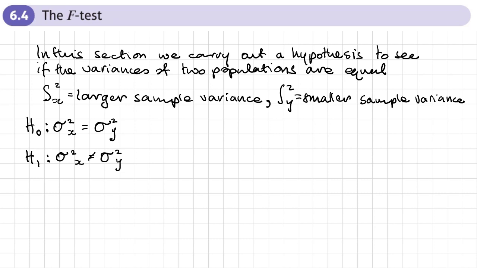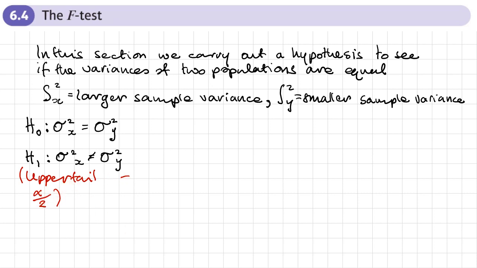In this case, it will be a two-tail test, and actually it won't be a two-tail test, it's only going to be an upper tail test, but we do need to divide the significance level by 2. So we only need to test the upper tail.